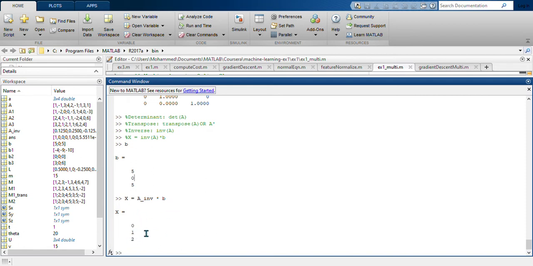So you can verify that the MATLAB implementation is working. Of course, we don't need to verify it, but just for the learning process, we are illustrating this, and you should know how these commands work in MATLAB.